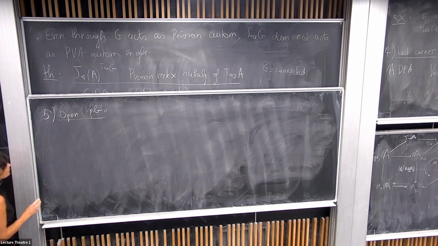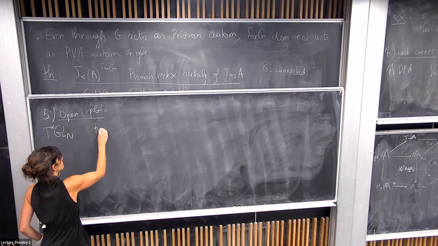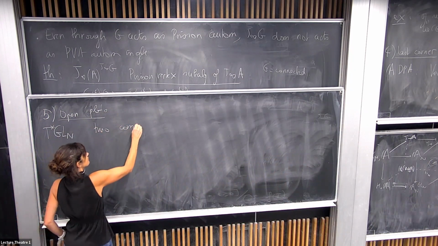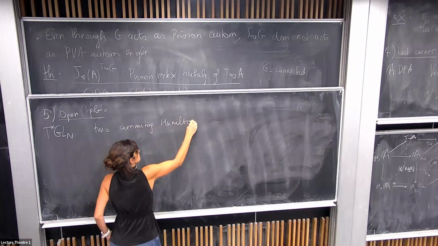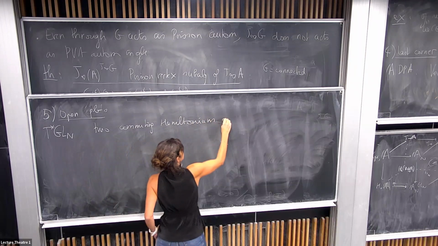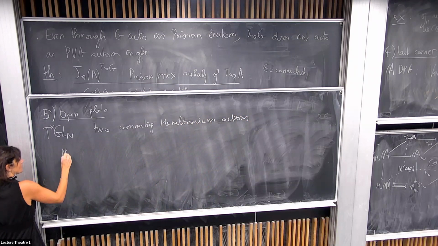So maybe to illustrate the problem, let's consider an example. These come equipped with two commuting Hamiltonian actions. I just describe the moment map.